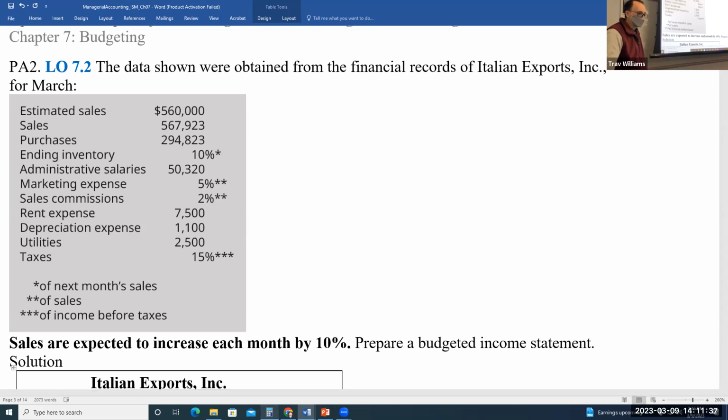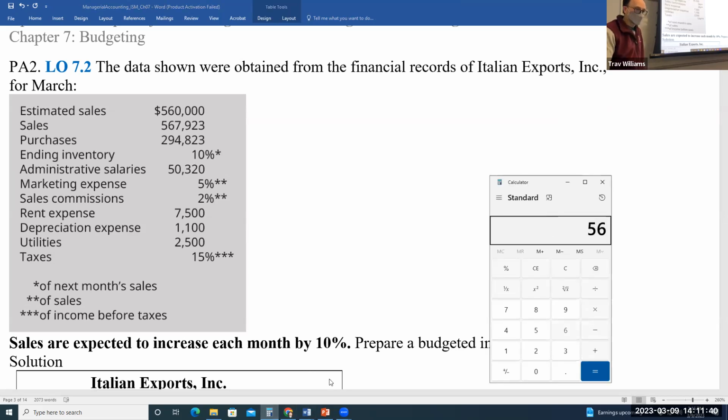Okay. We take our March sales of 560,000 times 1.1. So that's a 10% increase, right? Because it says here sales are expected to increase each month by 10%. So that means that April sales, we can project to 616,000.